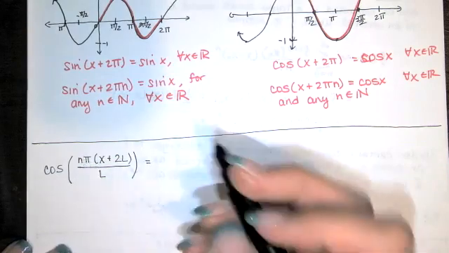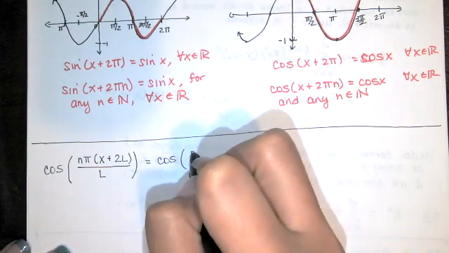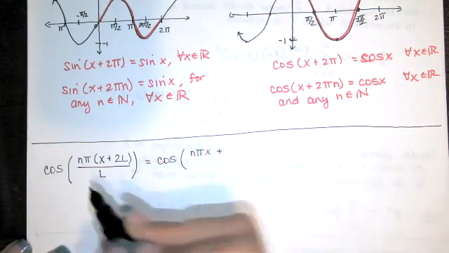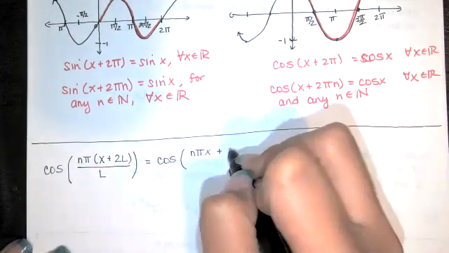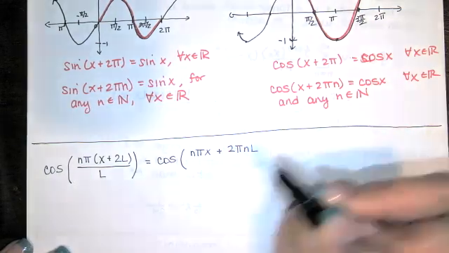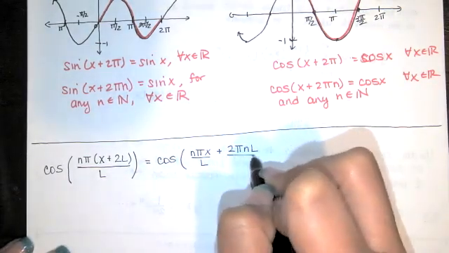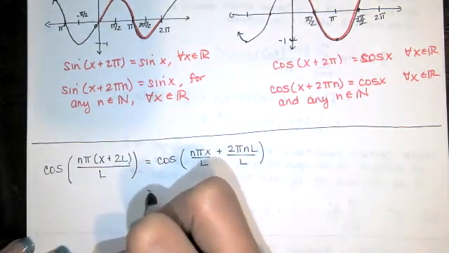Now, if I distribute that n pi through the parentheses in the numerator, I get n pi x plus 2L times n pi is 2 pi n times L. And then all of that is divided by L. So I could divide each of these by L separately.